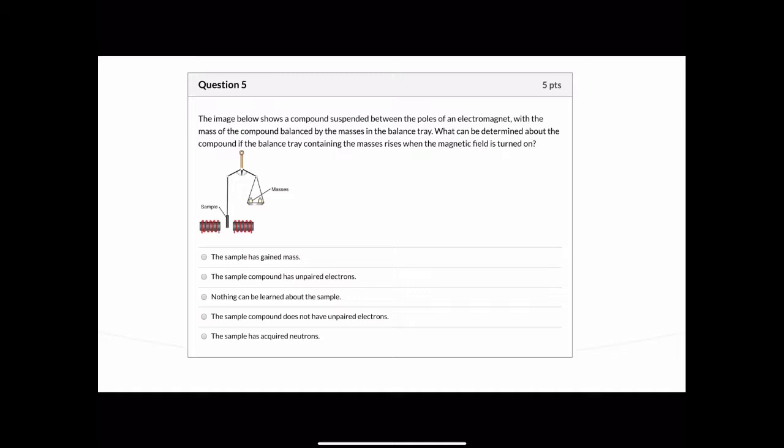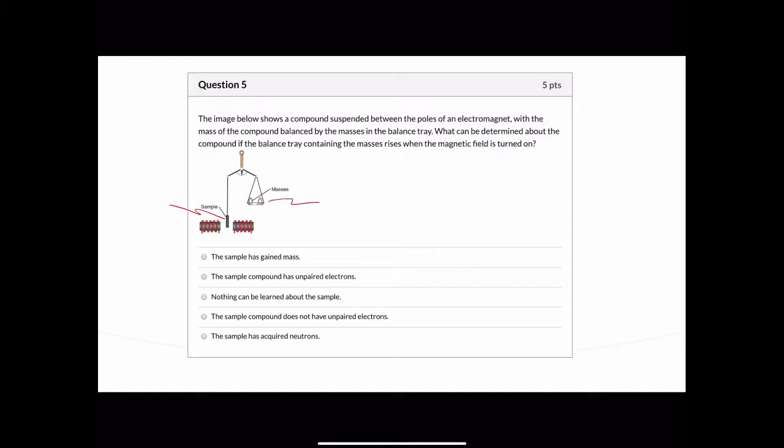This next one is kind of an interesting one. It says the image below shows a compound. So there's the sample suspended between the poles of an electromagnet, with the mass of the compound balanced by the masses in this balance tray over here. What can be determined about the compound if the balance tray containing the masses rises when the magnetic field is turned on?